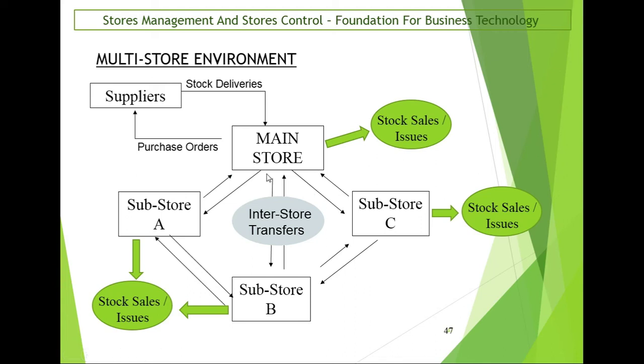So for example, if we have just received 20 new brooms from the supplier, the balance at main store will now be whatever was there plus the 20. Further, the overall company balance will now be the total that we had for all the stores plus that 20 that we received. So in other words, a purchase receipt will increase the balance at the main store which is receiving. It also increases the total balance for the whole company.